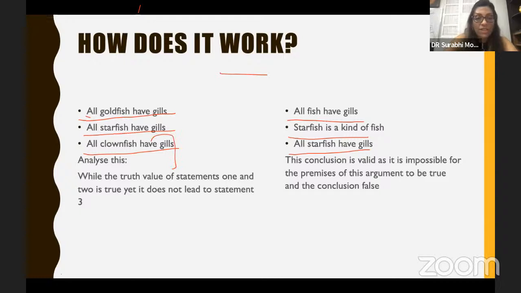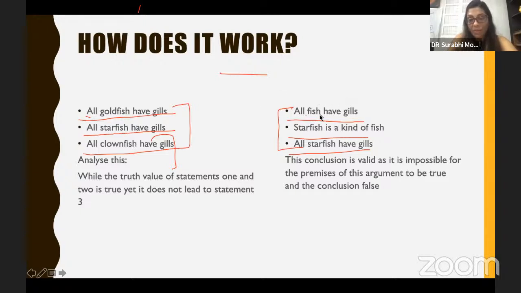Just any set of three statements versus a valid syllogism. This difference is very important. Do you notice that in these three and in these three, how do we know which is a valid syllogism?